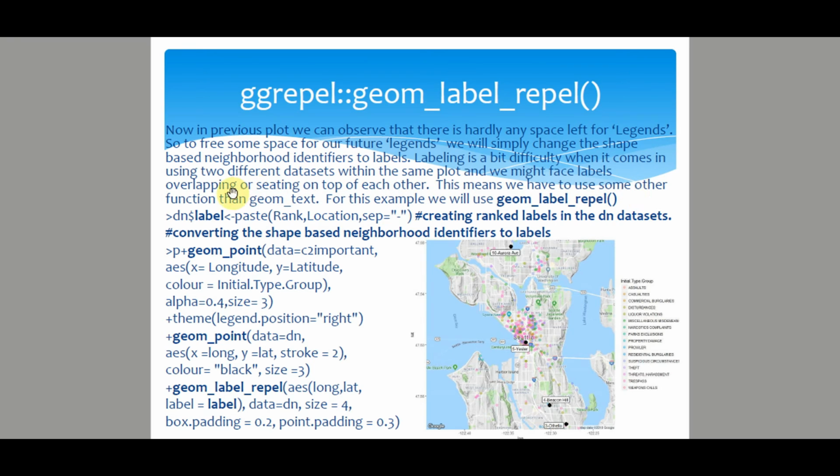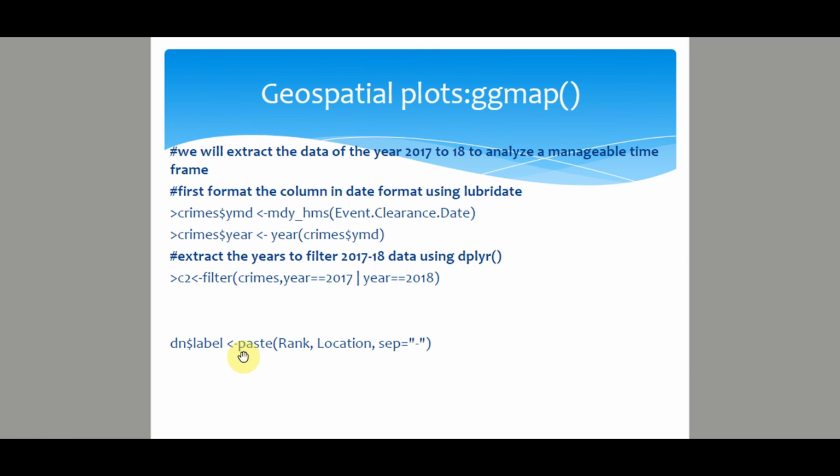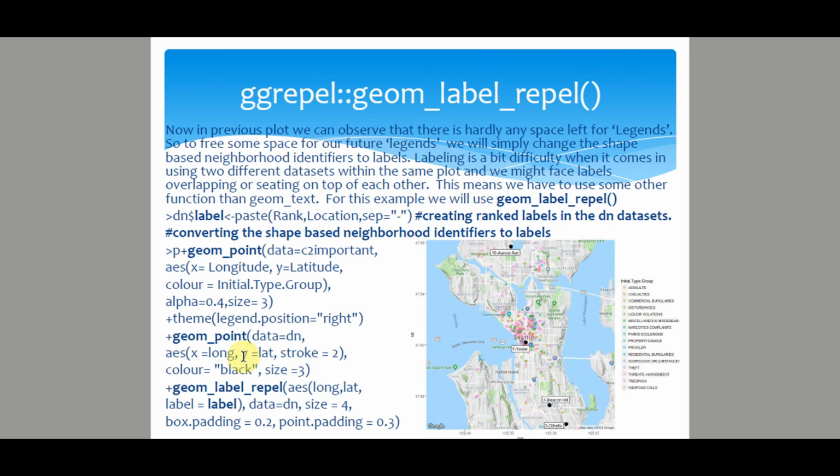This means we have to use some other function than geom_text. For this example, we'll use the geom_label_repel function, creating rank labels in the DN dataset, which we already did in our previous slides. Now we'll plot both datasets, C2 important and DN, then geom_label_repel.